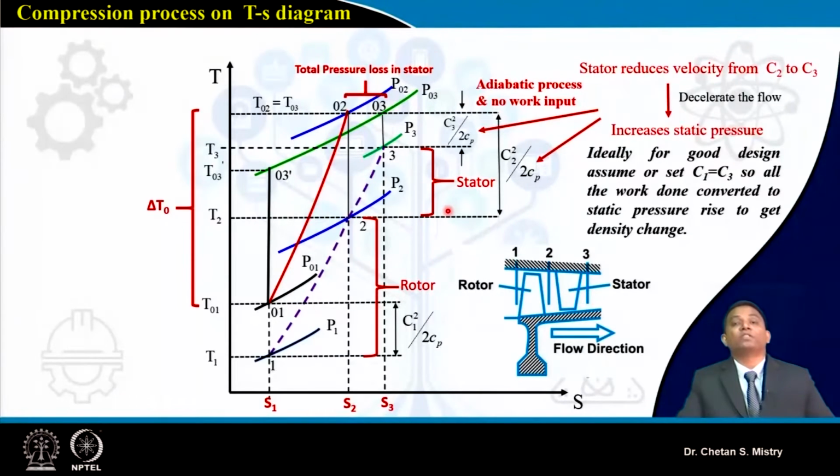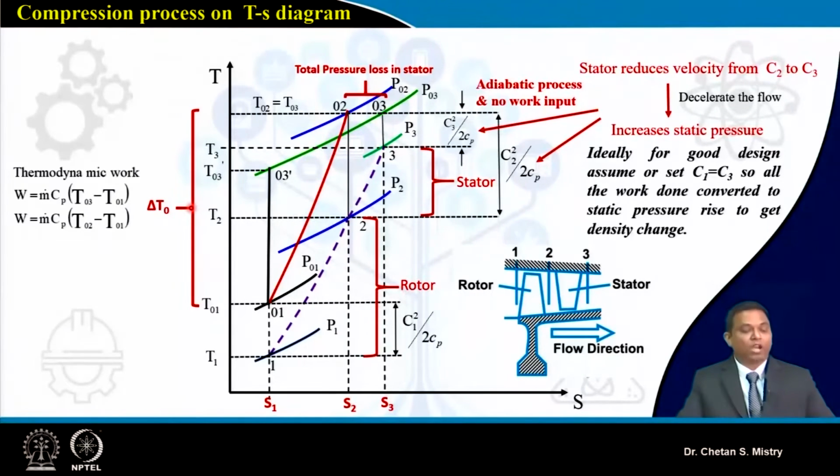Now here, if I want to define my compression work, then thermodynamically that is represented in terms of the rise of total temperature. This total temperature rise I can write as delta T0. So this is my thermodynamic work, which is represented as m dot Cp into delta T0.